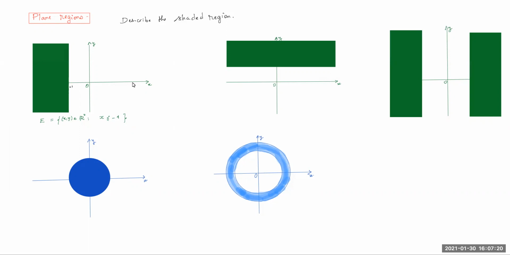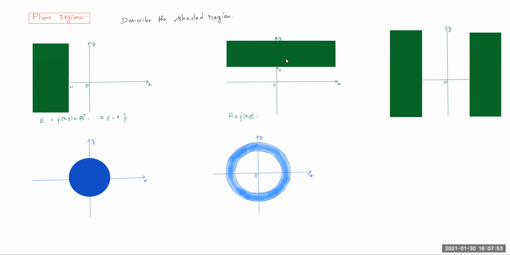Similarly, how can we describe the set of points here? Here I can say that my set of points will be the set of points x, y such that, how can I describe a point in here? The y is above, for example, let's say 1 here. This is y equal 1.